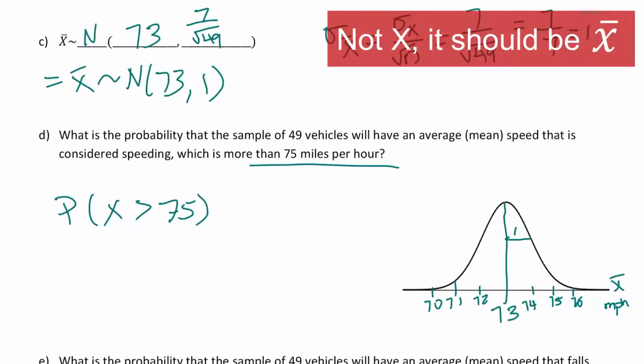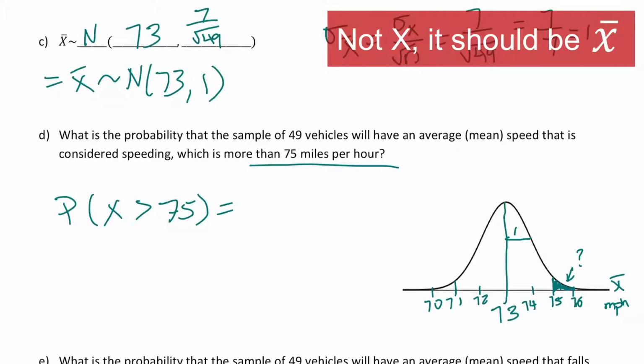Now, since this is a continuous distribution, I'm not caring about whether it's greater than or equal to. We're just going to say greater than. So I'm going to draw here at 75 and then shade up and say that this is the space that I'm looking for. Now we could approximate this using the 68, 95, 99.7 rule.